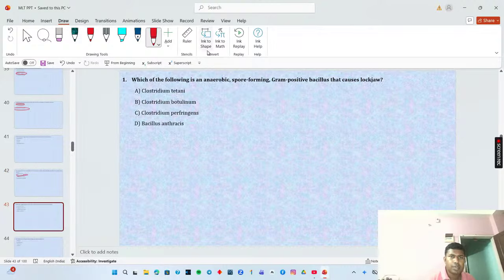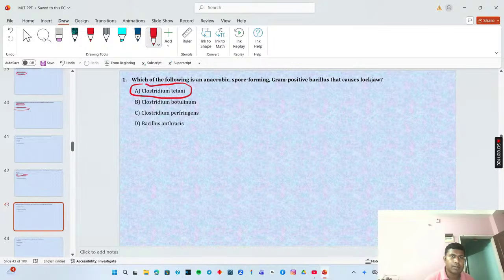Now the question is: which of the following is an anaerobic, spore forming, gram positive bacteria that causes lockjaw? Which bacteria causes lockjaw? The answer will be Clostridium tetani, because it is an anaerobic bacteria.